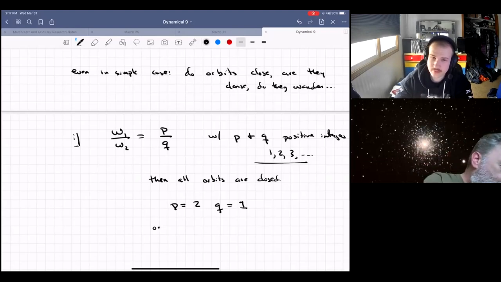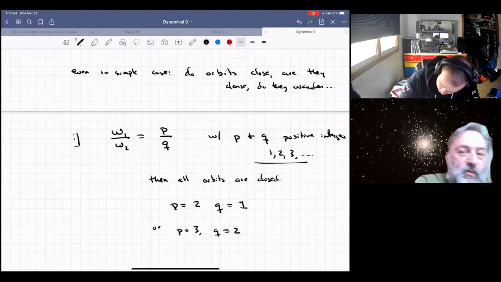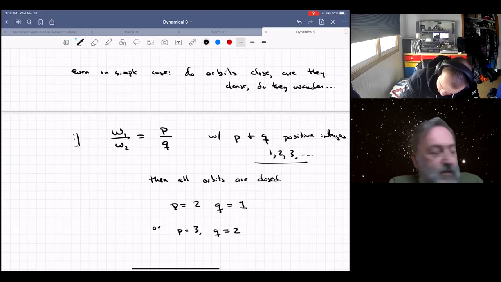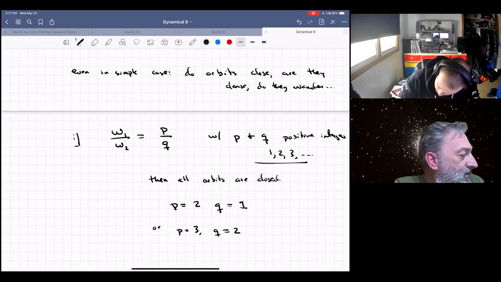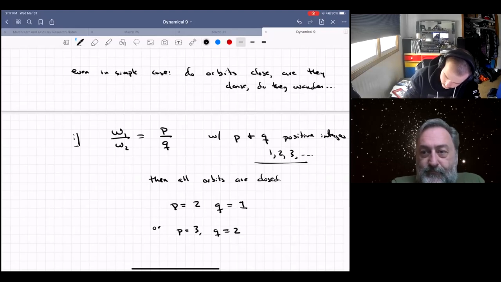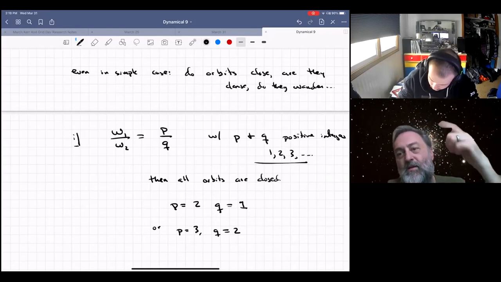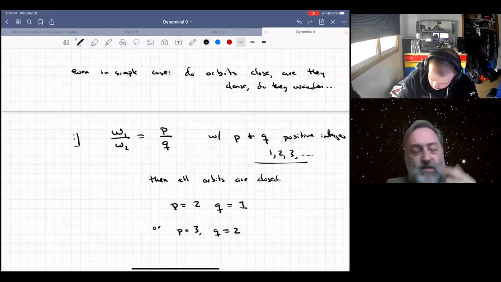Or if you have P equal to 3 and Q equal to 2, you find the least common denominator essentially, which in this case is 6, right? And so one of them runs through 3 and the other one runs through 2 orbits.